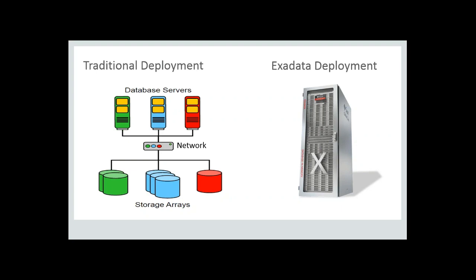So you are getting everything required to have a database in your organization, whether it's storage, database server, or network. Everything Oracle combined in a single machine. The advantage is that it is very easy to deploy, and it has all the hardware required to run an Oracle database.